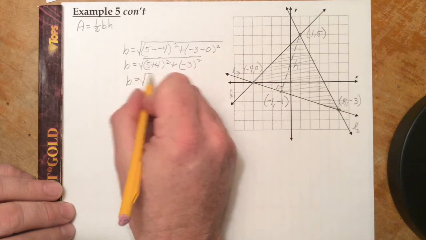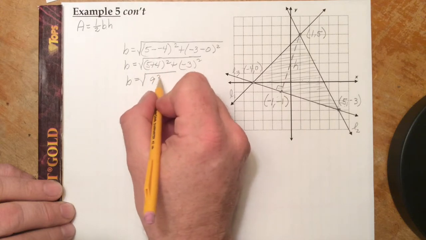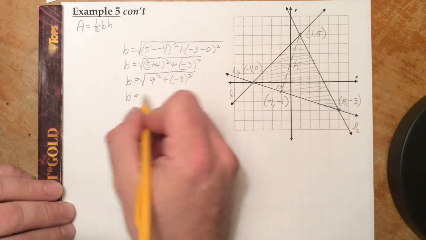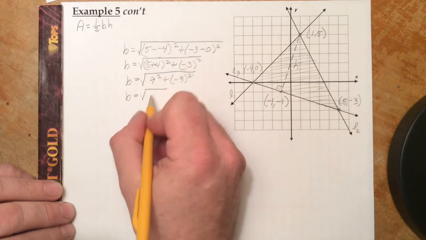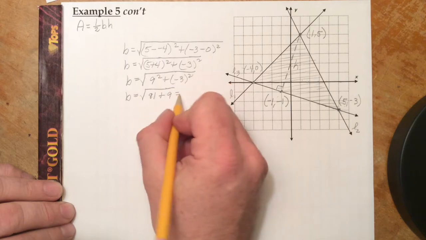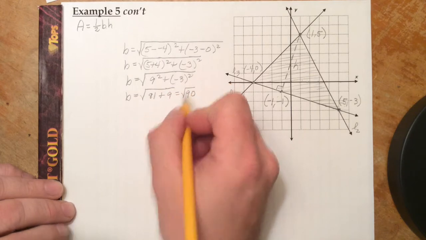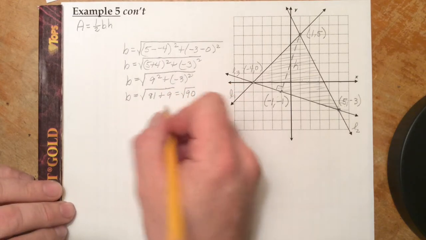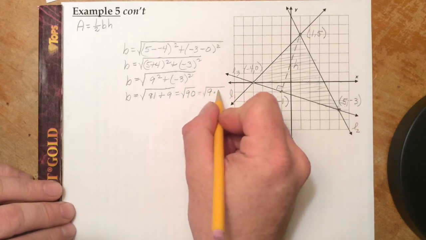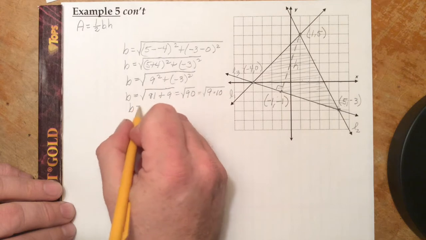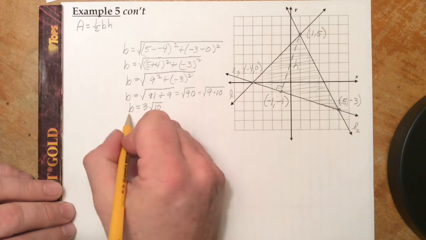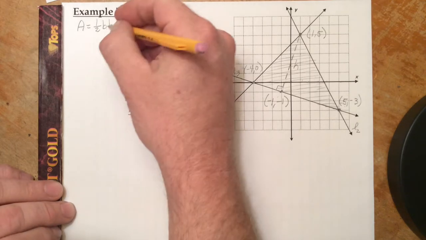This gives us the square root of 9 squared is 81 plus -3 squared is 9. This gives us the square root of 90. We must simplify this. The square root of 90 factors, there's a perfect square factor of 9, 9 times 10. And so b is 3 root 10. So we'll be using that for our base.